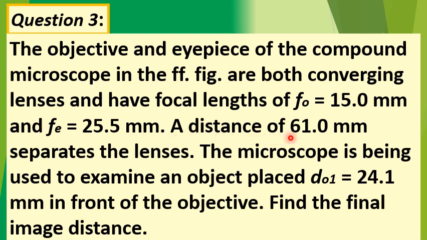A distance of 61.0 millimeters separates the two lenses. The microscope is being used to examine an object placed at a distance d sub O1 equal to 24.1 millimeters in front of the objective. And the question is, find the final image distance.